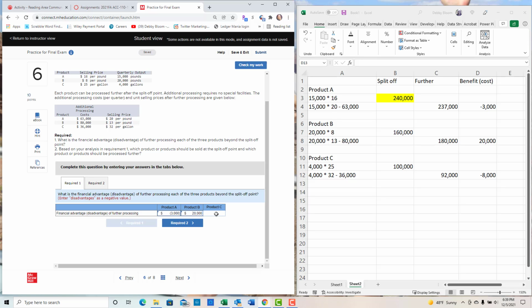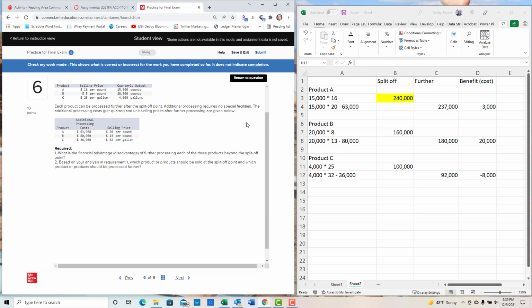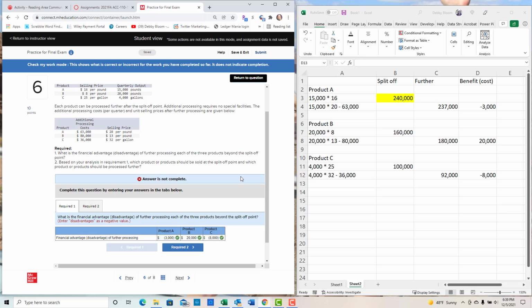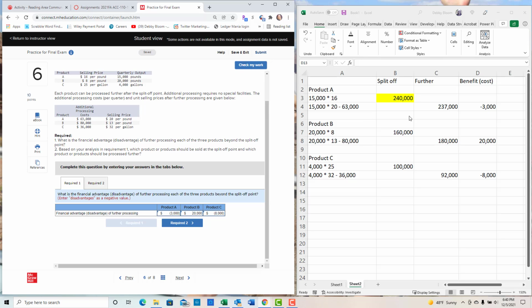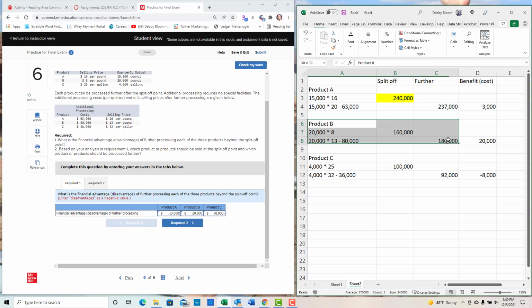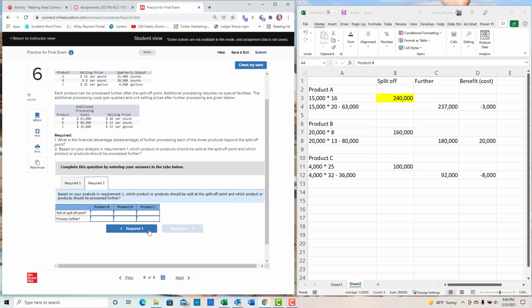And product C, $8,000. Negative for a disadvantage, very important, disadvantage. Now, if a product has an advantage, we want to further process it, but if it has a disadvantage, we want to sell at the split-off point. So the only one that we would choose to process further is product B.